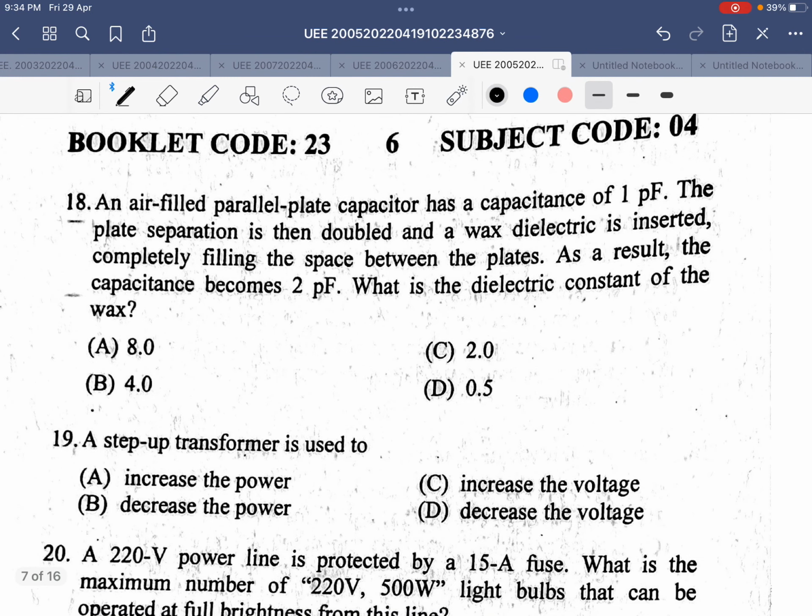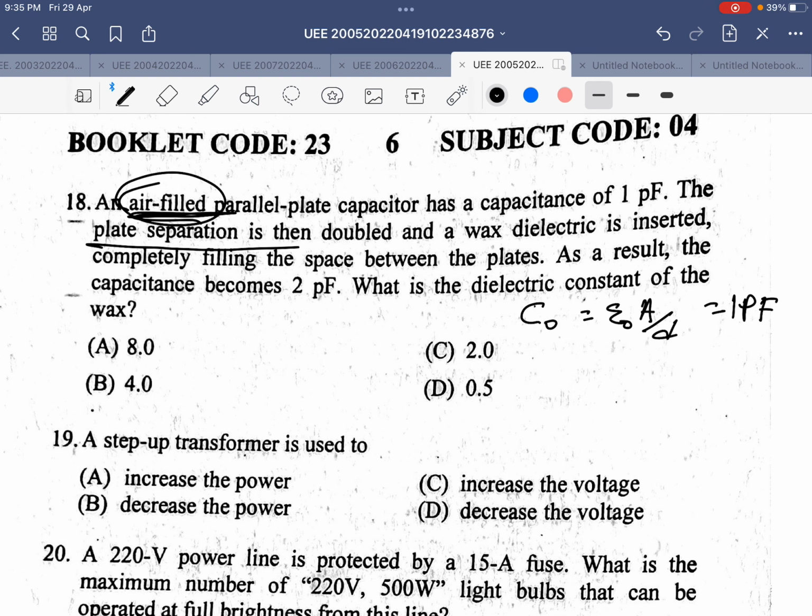Let's see question number 18. An air-filled parallel plate capacitor, meaning one without dielectric, has a capacitance of 1 picofarad. Capacitance without dielectric is equal to epsilon naught A over D, equal to 1 picofarad.